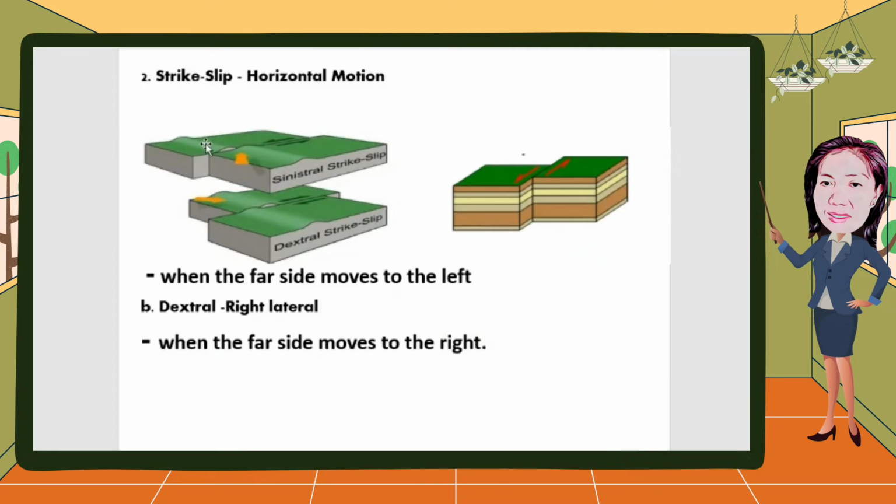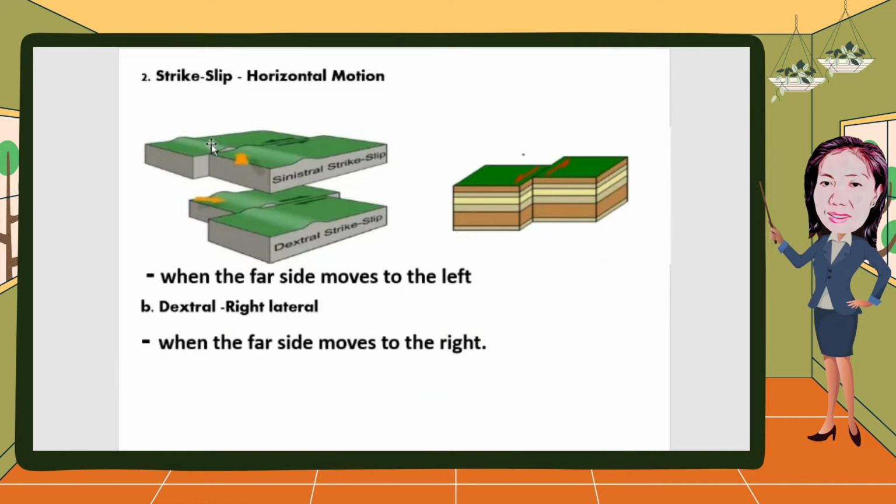Okay? So, dito ka magtingin sa rock that is very far from you. Malayo sa'yo. If this rock or a very far plate or rock moves, okay, remember moves to the left, that strike slip is what we call as left lateral.